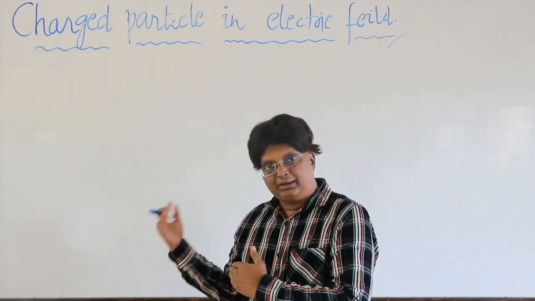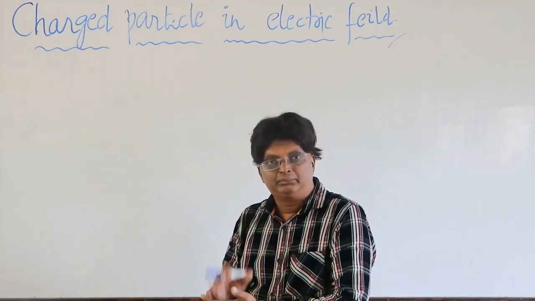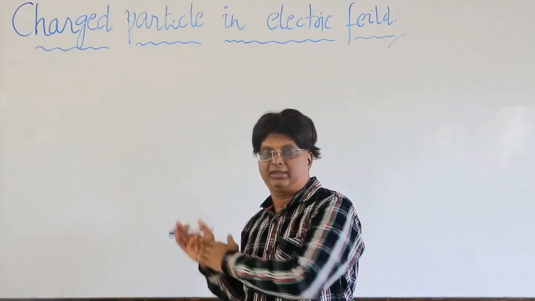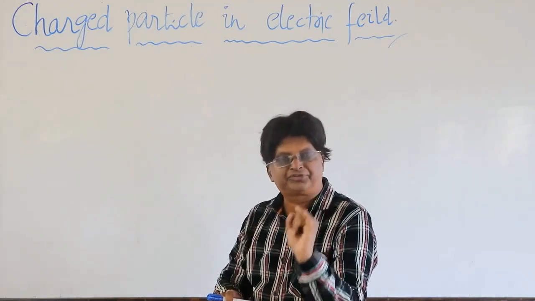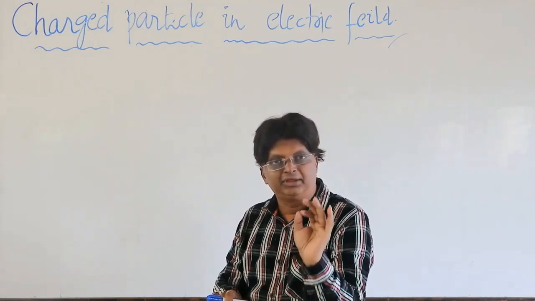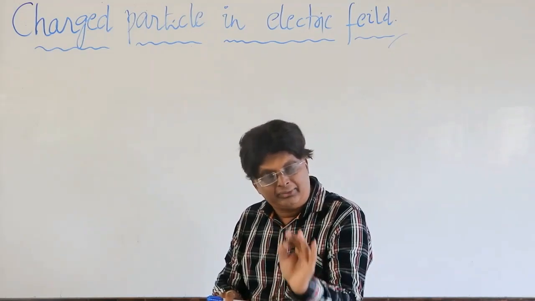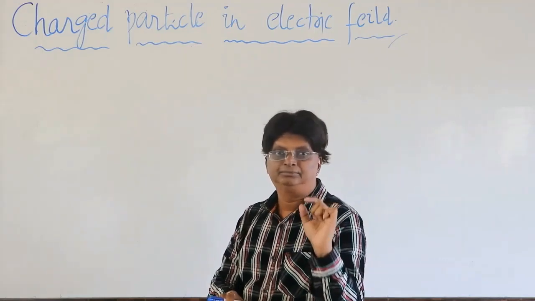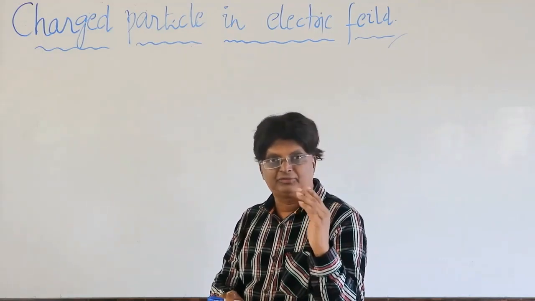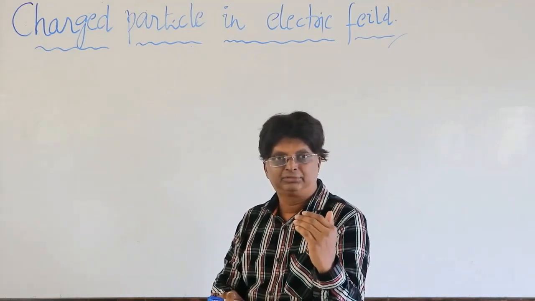Now we follow the other cases, but even when we are following the other cases, I'd like to remind you two important things. The first one is, we write F is equal to EQ and then A is equal to EQ by M, the acceleration term, and what is the direction of force and acceleration.